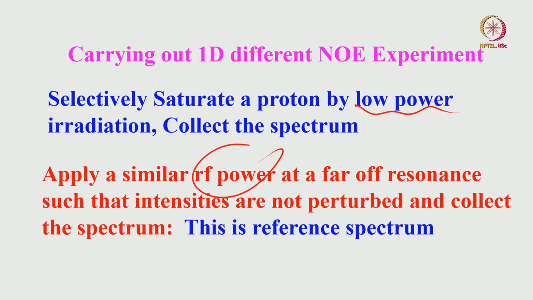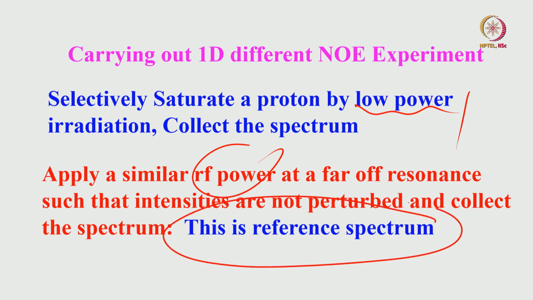First collect the spectrum by saturating a proton, and then apply an identical RF power far away from the spectrum of your interest. That means if there is a disturbance because of the RF, it is uniform throughout for both spectra. Collect the spectrum in which you are not saturating any signal but saturating at a far off place; this is called a reference spectrum.